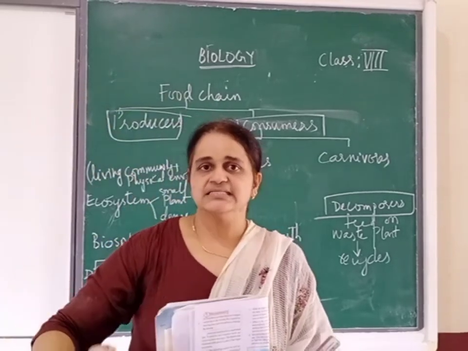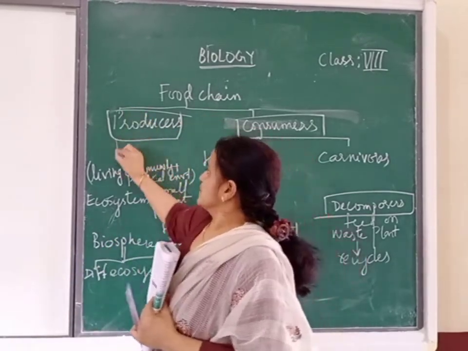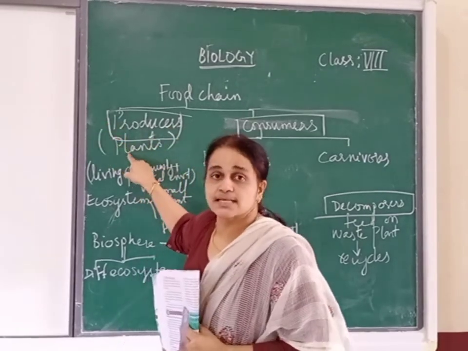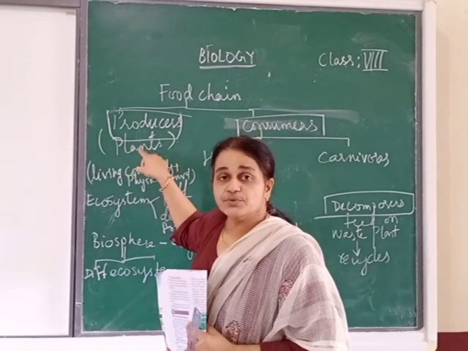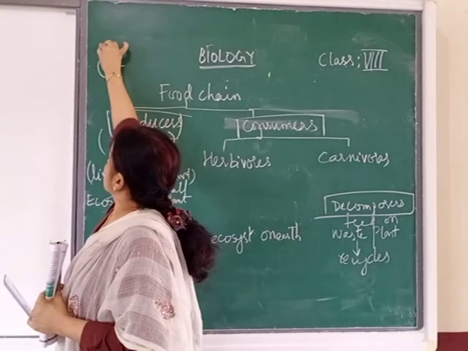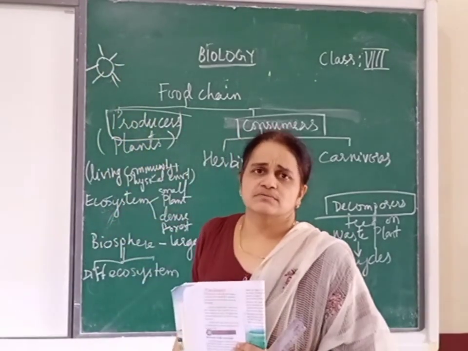When it starts, it starts with the producer. Producers are the plants. We are calling plants the universal producers or primary producers. Why do we call them producers? Because they can prepare food. What is this food?